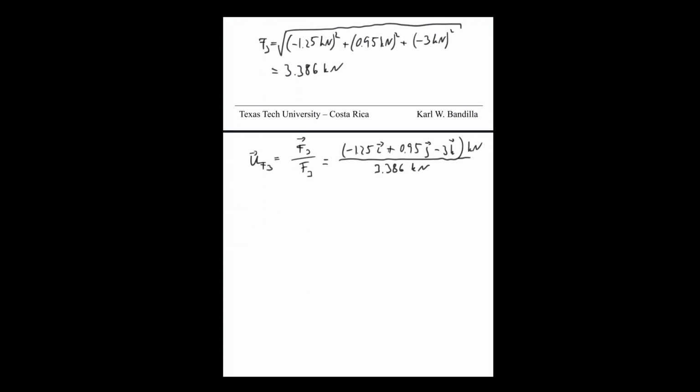Of course, the kilonewtons cancel out, and we get minus 0.37 I plus 0.28 J minus 0.89 K. So that would be our unit vector for our force F3.